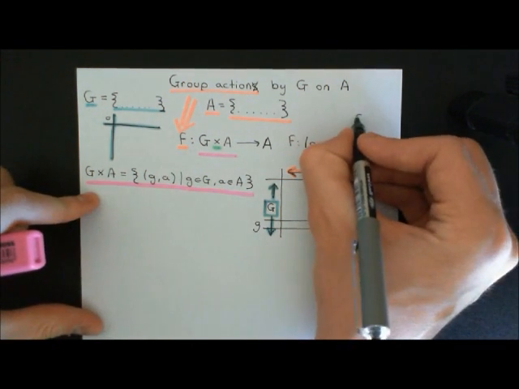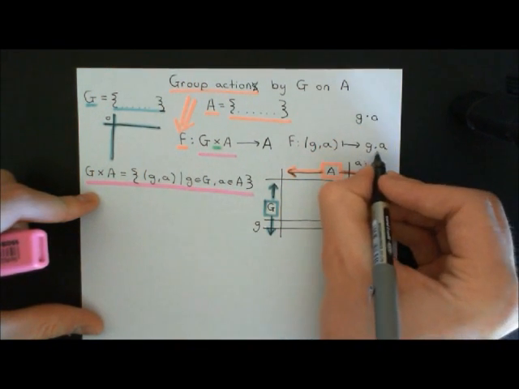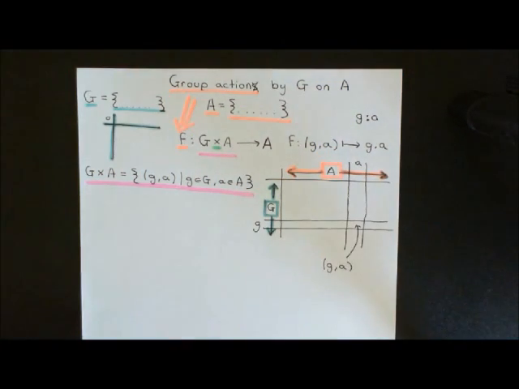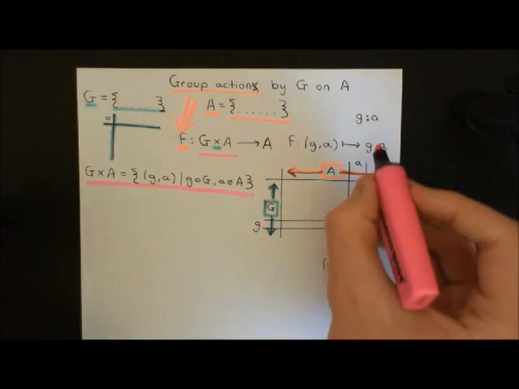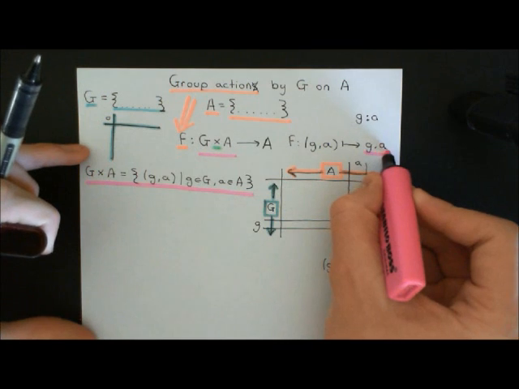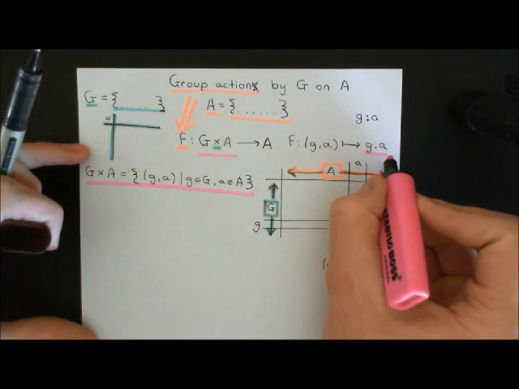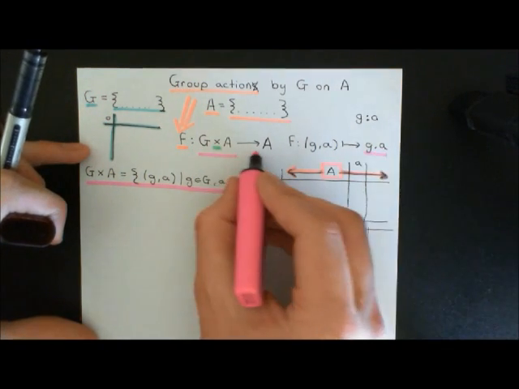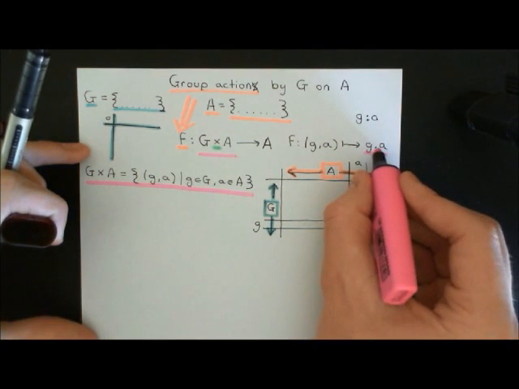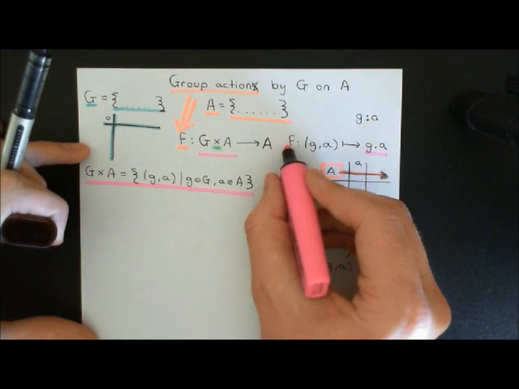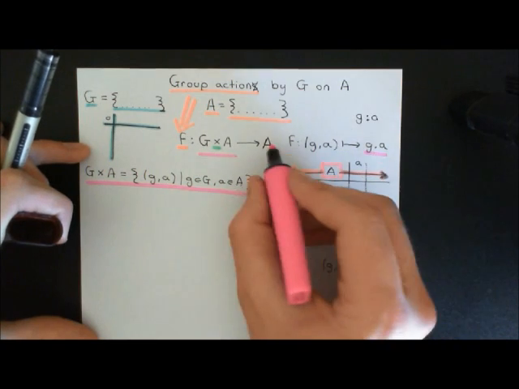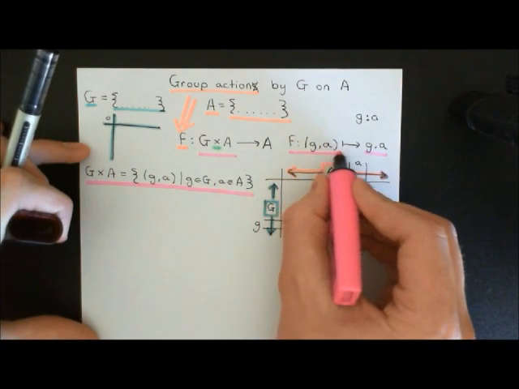The way that you would read this is the element little g acting on the element little a, and the answer is some element in the set capital A. So g dot a means what the group action F will send the ordered pair (g, a) onto, and it's an element in the set capital A.